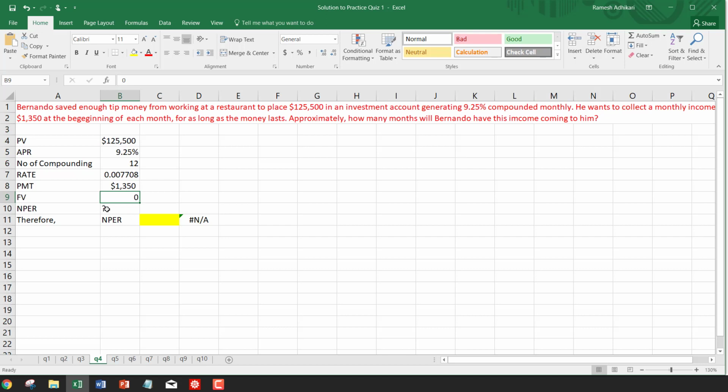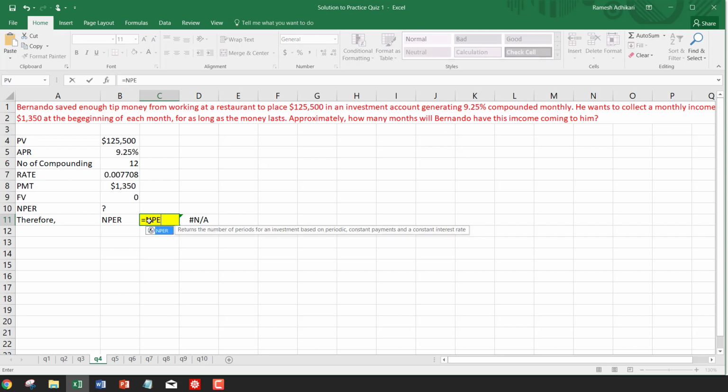And now we are asked for the number of periods, meaning how long can Bernando withdraw money, for how many months, right? So that's why we use Excel's NPER function. So NPER, and now the rate we just computed, and here's the payment.